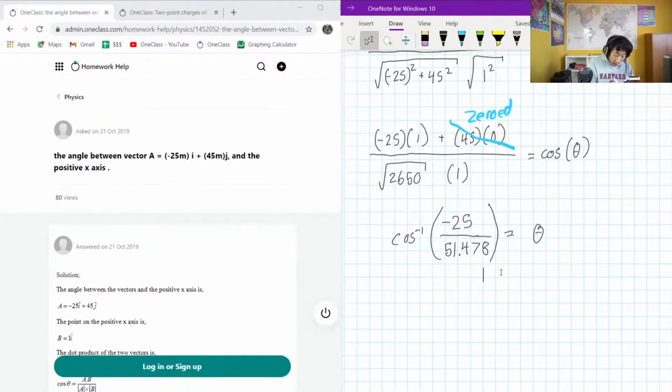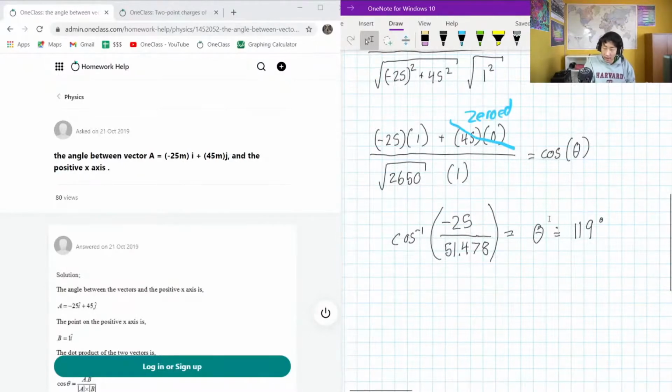So negative 25 divided by 51.478. Boom. So the result of this calculation for me is 119 degrees, approximately. There's a lot of decimals that I'm not going to write out, but it's about 119 degrees.